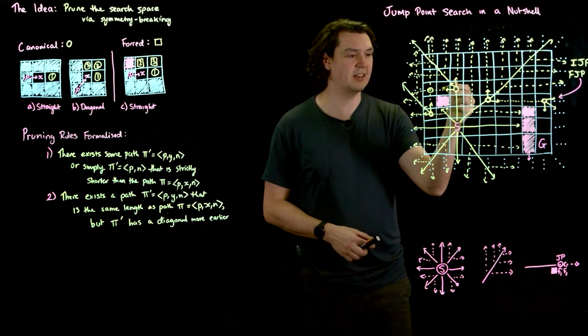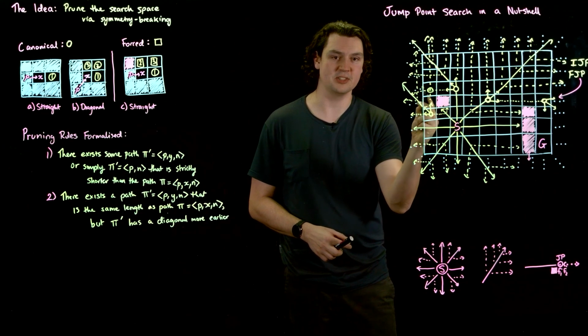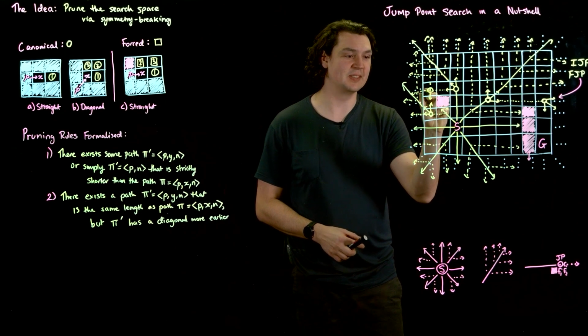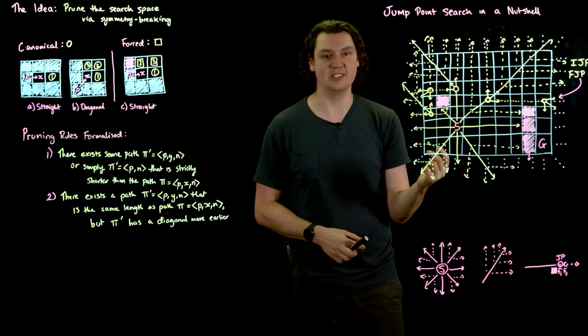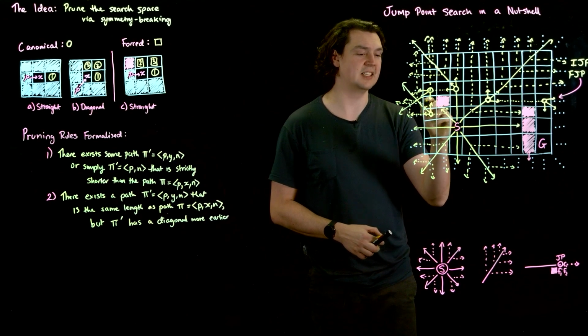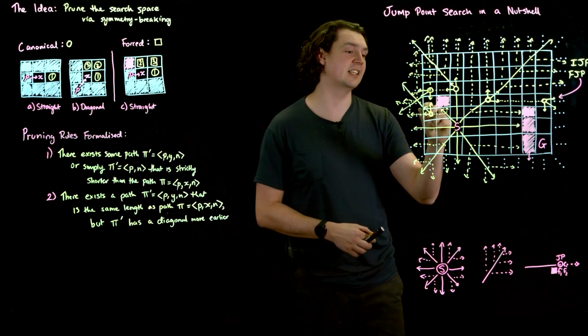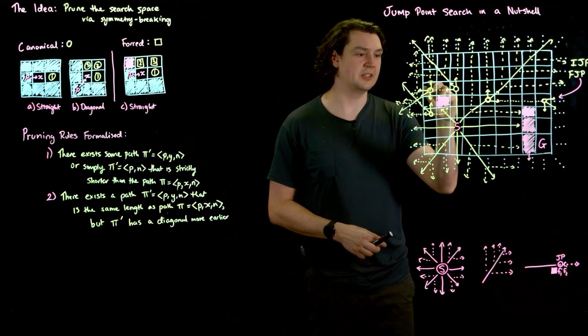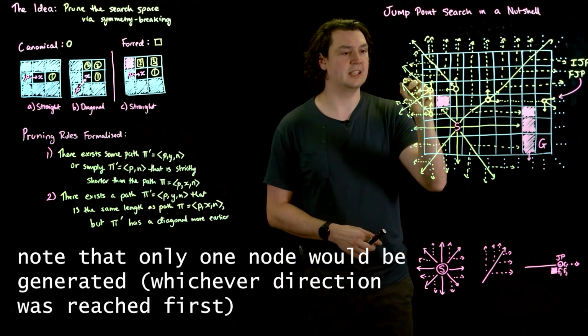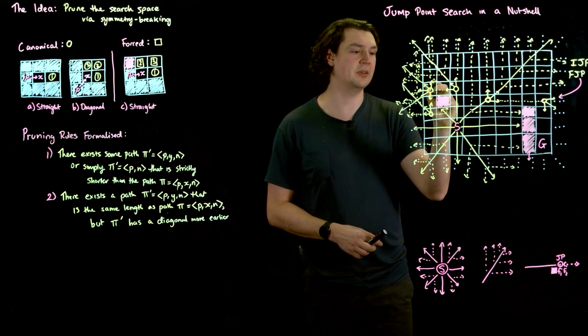What I didn't show is when we do this straight here, this is a forced neighbour, okay? And then this forced neighbour generates this, right, which is very silly. We know as a human it's silly, but JPS has to check this. It's unaware that it's done a silly thing. And it happens the other way too. So there is a lot of potential overlapping of regions.